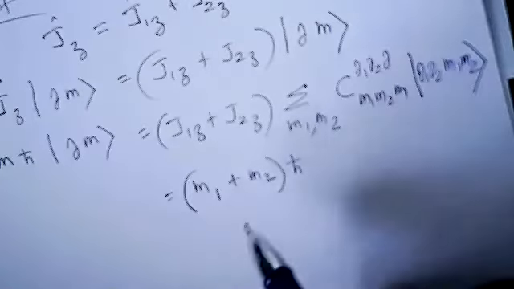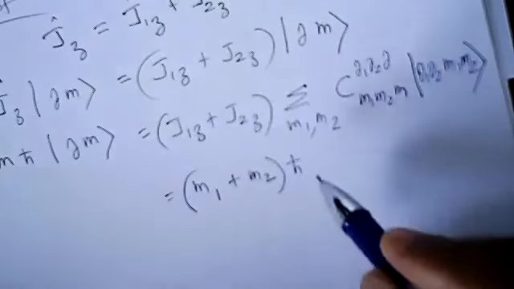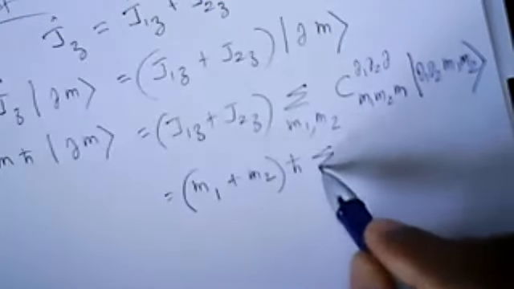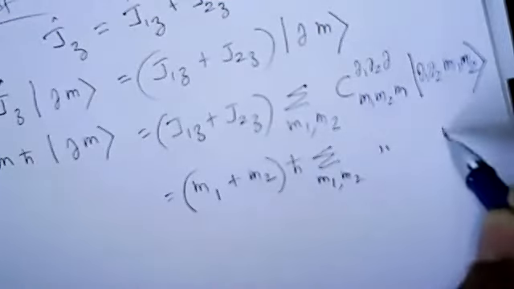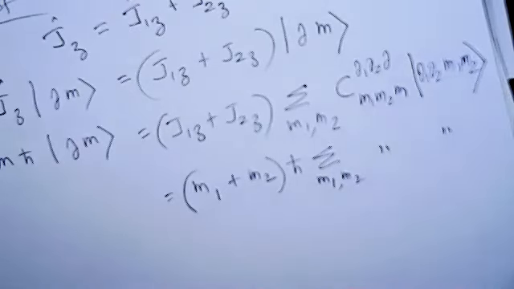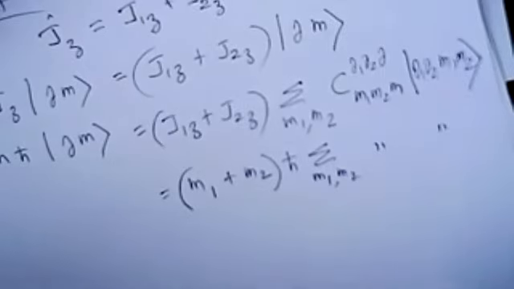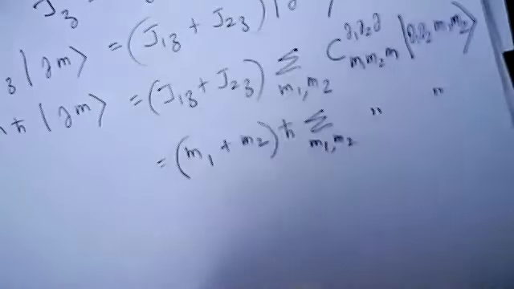Okay. M1 H cross and M2 H cross, then sum over M1, M2. Same thing, after the operation it is the same thing. Now you can bring everything onto one side.